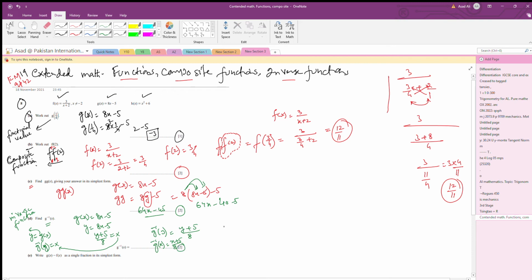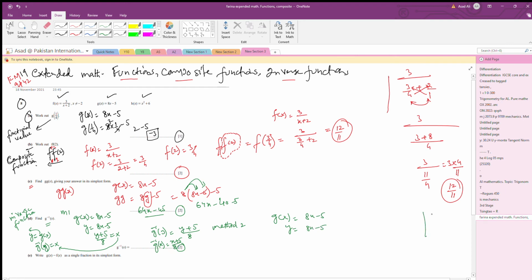Method 2. This is method 1. Method 2, I'm doing directly here. g of x is 8x minus 5. We have g of x is equal to y. So 8x minus 5.